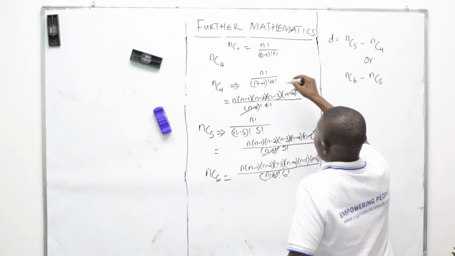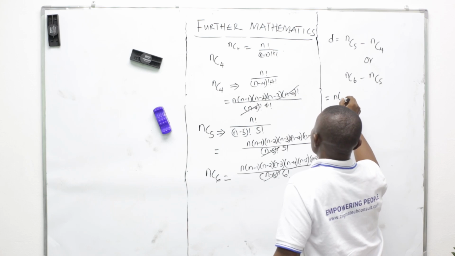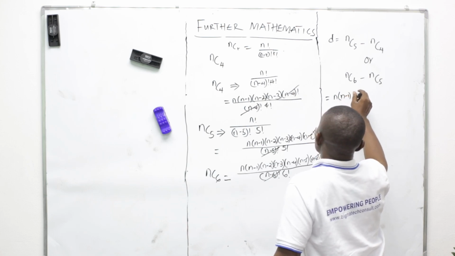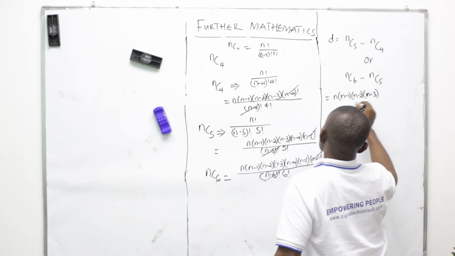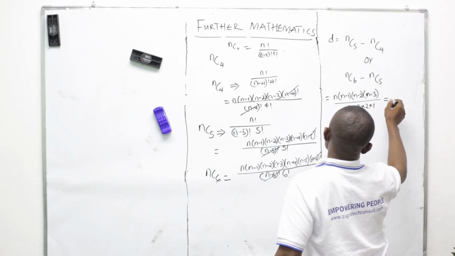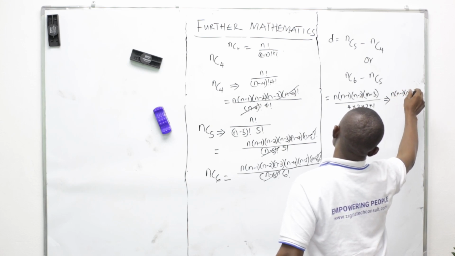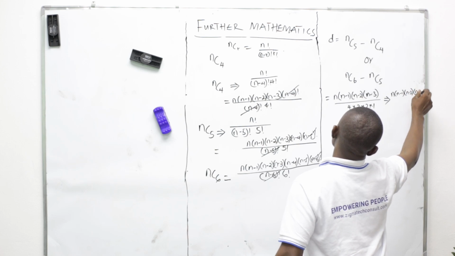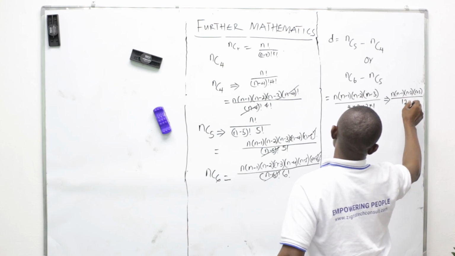Here, for n combination 4, we have n into n minus 1 into n minus 2 into n minus 3 all over 4 times 3 times 2 times 1, which is all over 24. Okay.